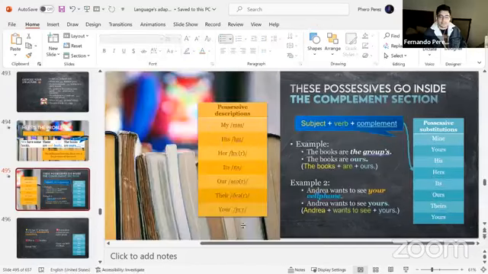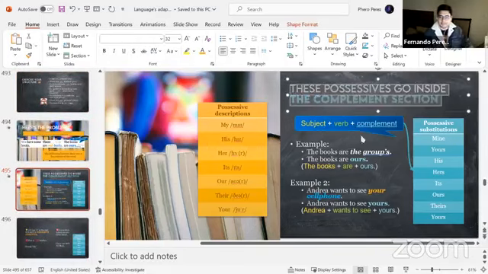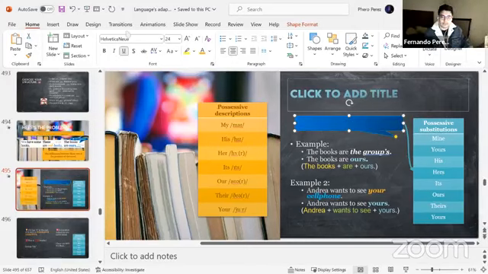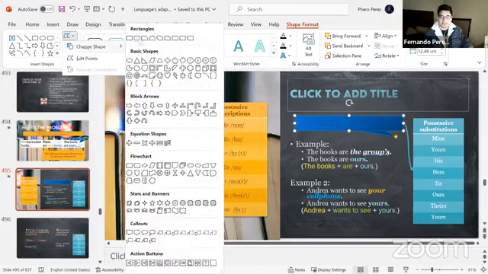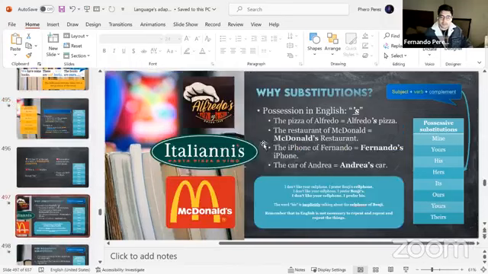Now, everything here is easy, no? The difficult part is this. What is the application for this? Let's forget about the complement section. Let's eliminate all this and transform this shape to understand the application of this.